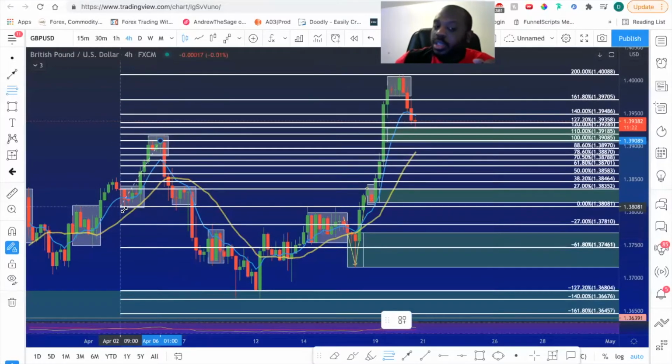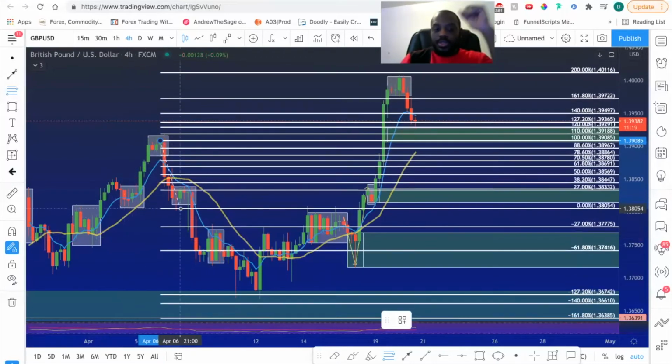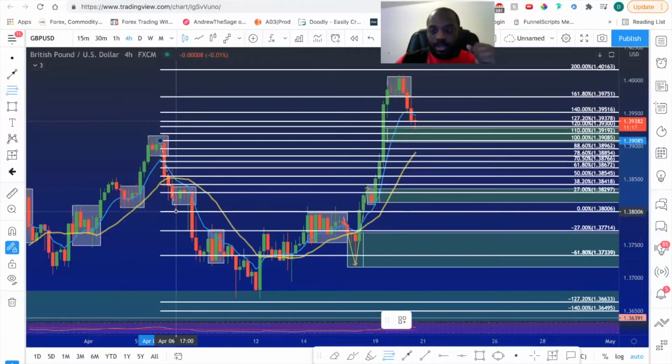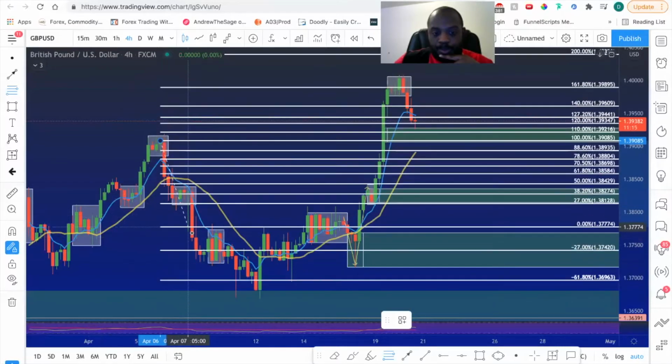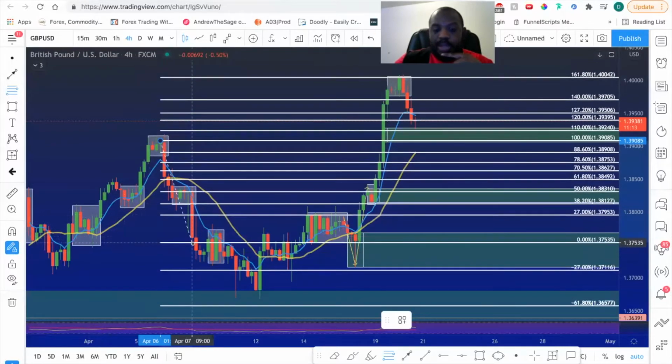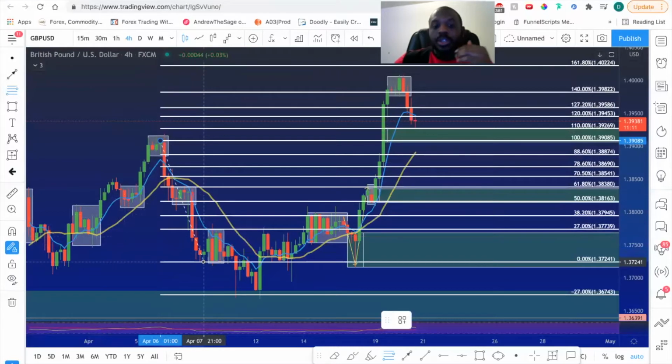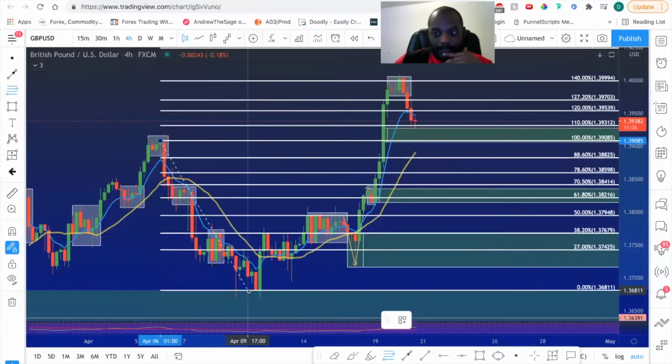Oh, on this side? To the right. Remember, we focus on the swing high and that swing low. Go all the way down to the swing low. All the way down. So at the very bottom? Go all the way down to the intermediate swing low. Oh, okay. So this one.